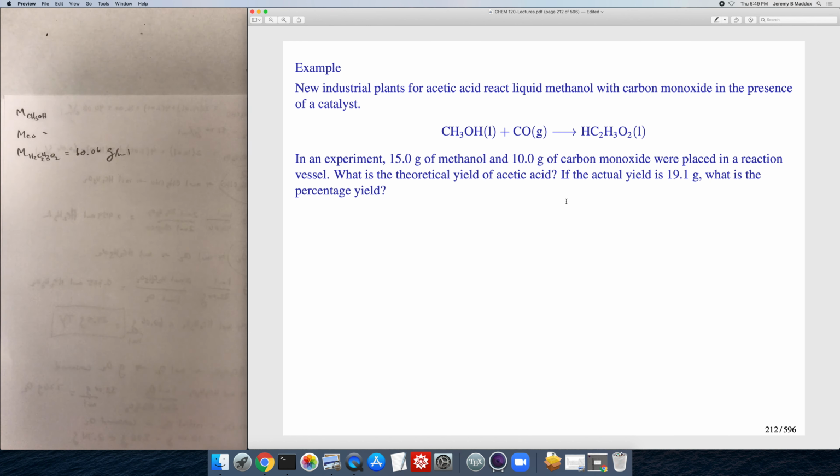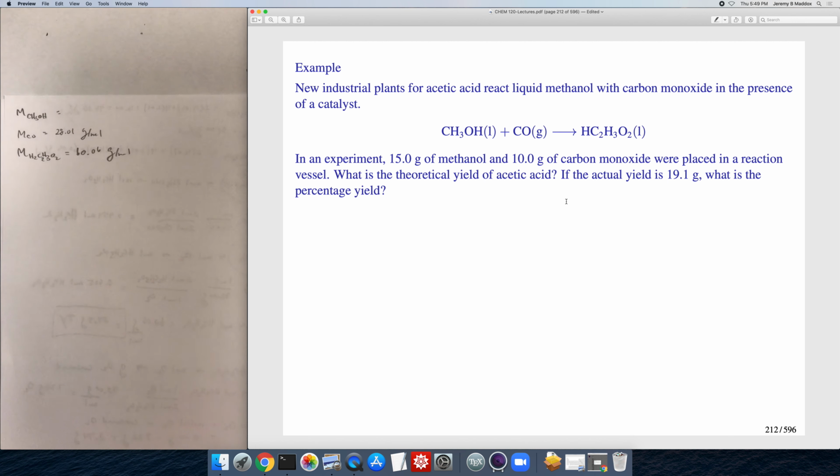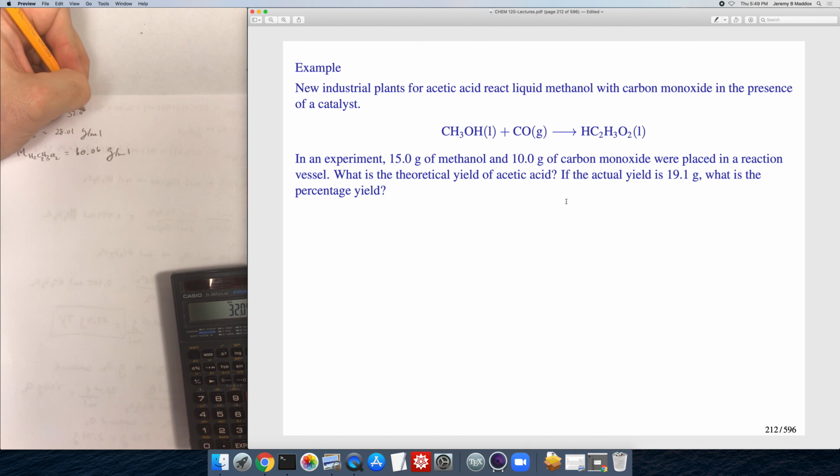The carbon monoxide is 28.01 grams per mole, and the methanol is 32.05 grams per mole. We need these numbers to start with.